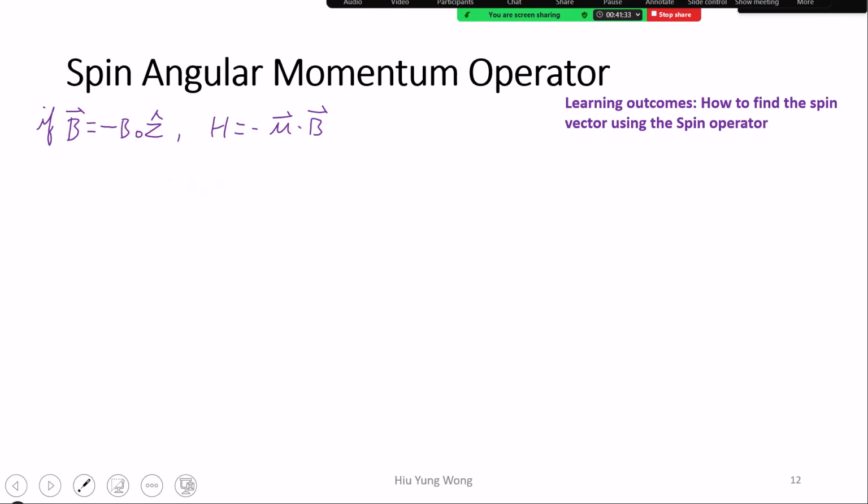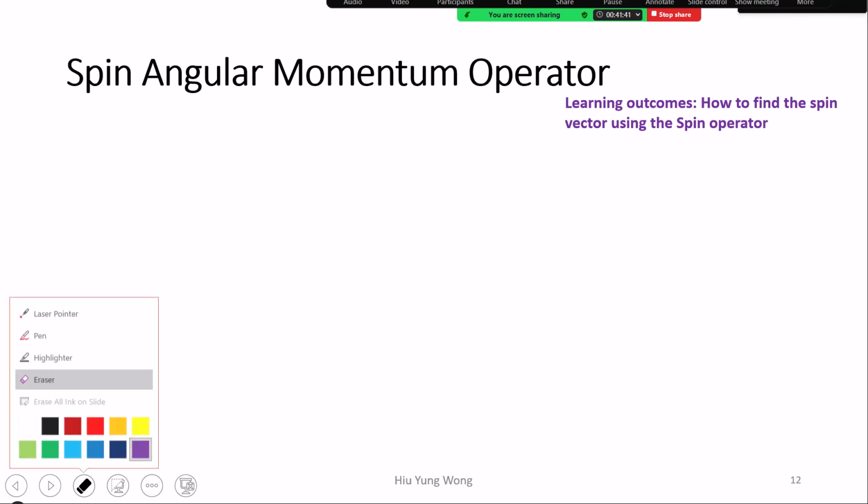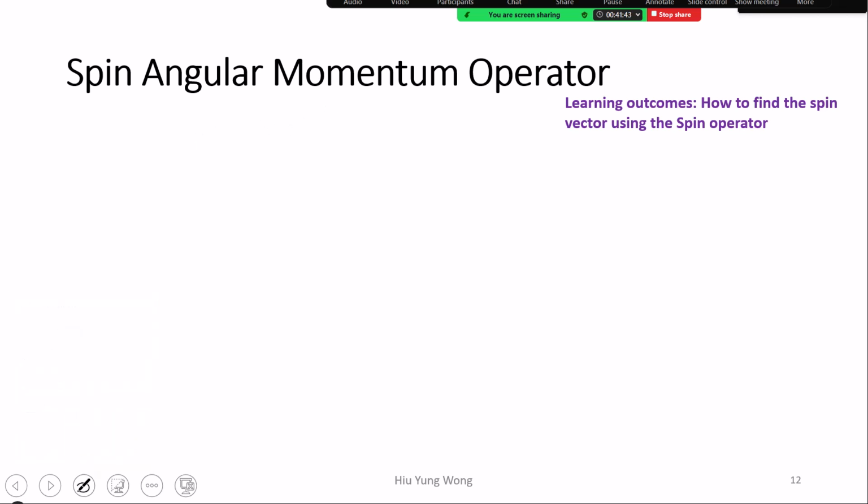What if I have it in a different direction, right? So I'm going to erase it because this is going to confuse you when you study. I will show you in the next page. Let's just learn this first, okay?